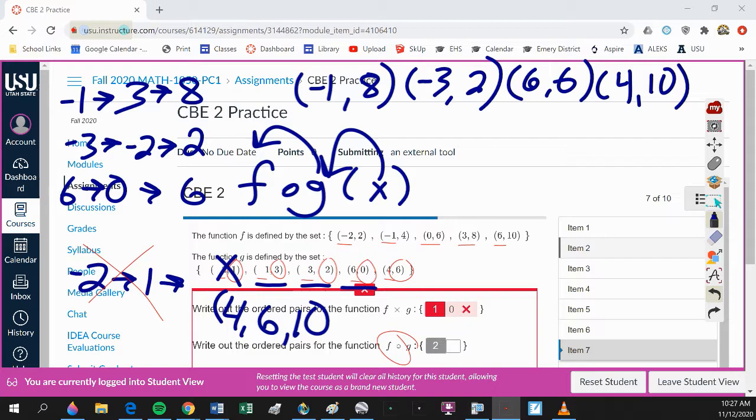Okay. Why would you use this? Well, let's say that you had a thermometer that was in Fahrenheit, and you had an equation that calculated how much water there is in the air, but that formula is done in Celsius.